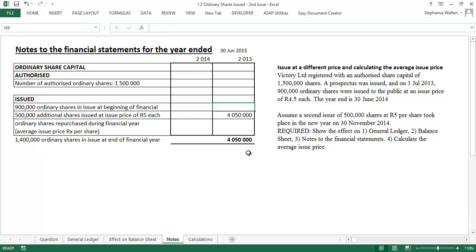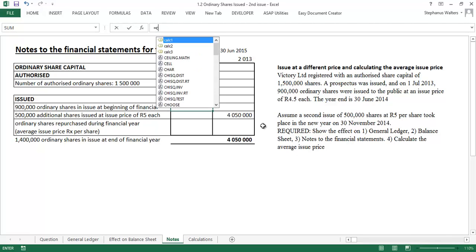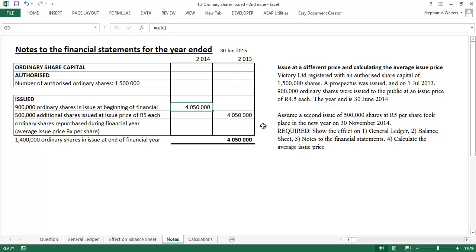Then this balance of 4.05 million would be my opening issued shares at the beginning of the financial year. So I can put in there calculation 1, 4.05, and then I'm going to record the additional shares that was issued during the year, 500,000 times 5, 2.5. All right, and that gives me my total of 900 plus 500 is 1,400, and gives me a total there of 6.55 million share capital at the end of the year. And that's it.